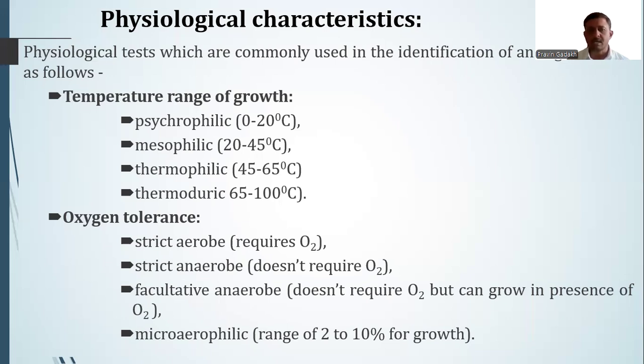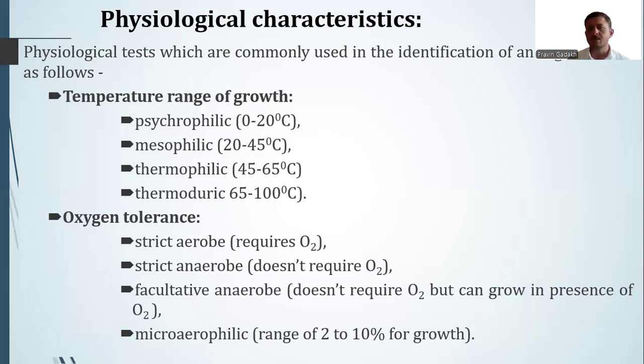Thermophilic organisms show optimum growth in the temperature range between 45 to 65 degrees Celsius. Apart from that, hyperthermophilic organisms show their optimum growth between the range of temperature 65 to 100 degrees Celsius. So with respect to their growth pattern, different organisms require different temperatures for their growth. So they are categorized into psychrophile, mesophile, thermophile, or hyperthermophile.